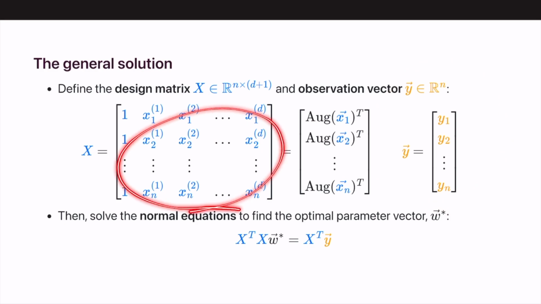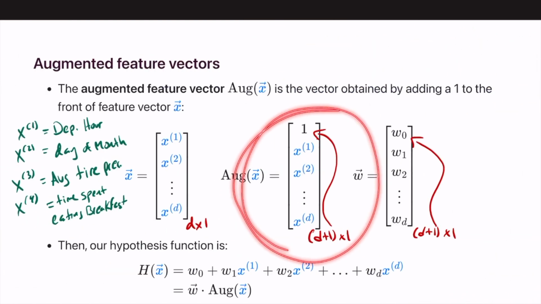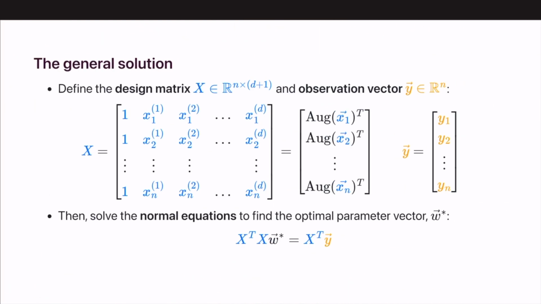The design matrix is something that we create where we add a column of ones, and then insert all of our feature vectors into it. We did it right here, this idea of an augmented feature vector. We do that for all of our features, and that allows us to solve our normal equations. So we package all of that into this now.